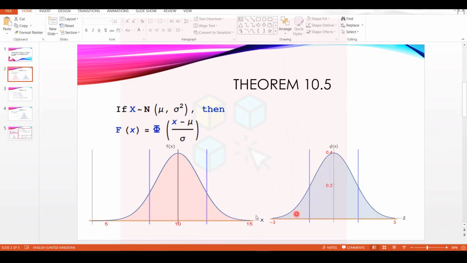Both are symmetrical, both are bell-shaped, both having the central value at mu. F of x is the title of the normal distribution curve, and on the right side phi of x is the title of this density graph.